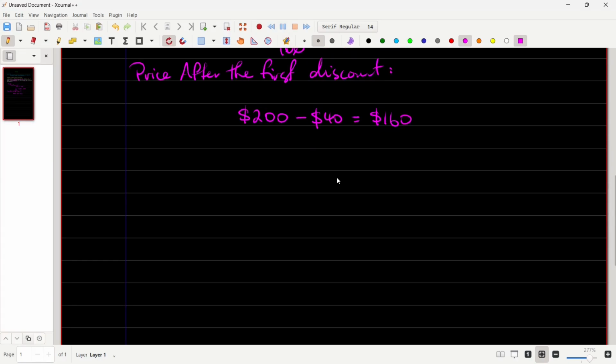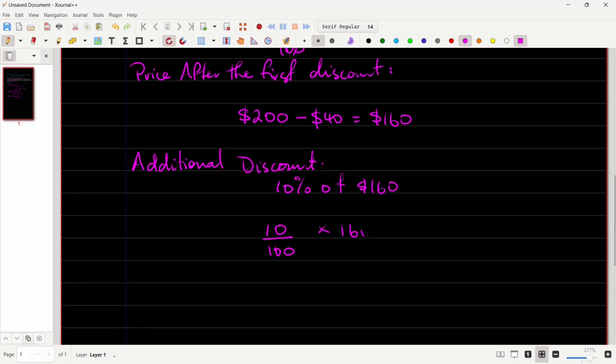Now we get an additional discount on top of that. So the additional discount will be 10% of that $160, which is equivalent to 10 over 100 times 160, cancel, and we get a $16 discount.